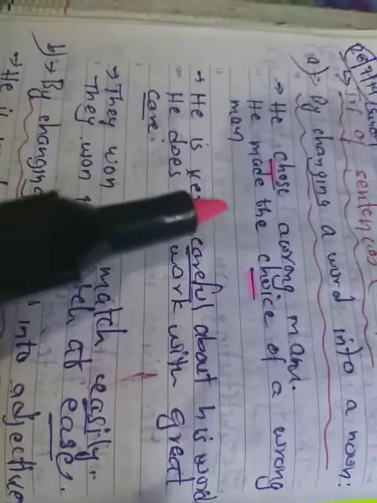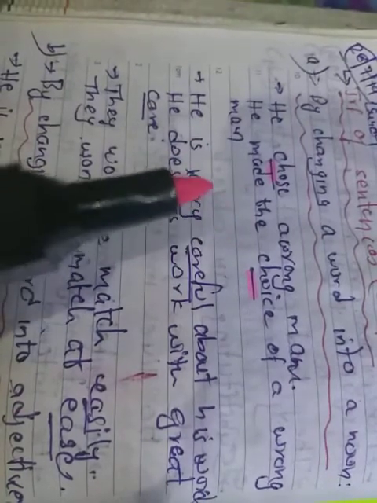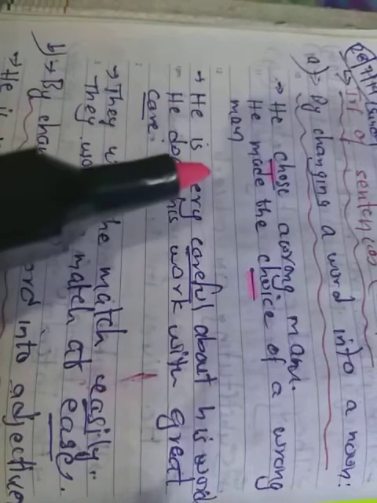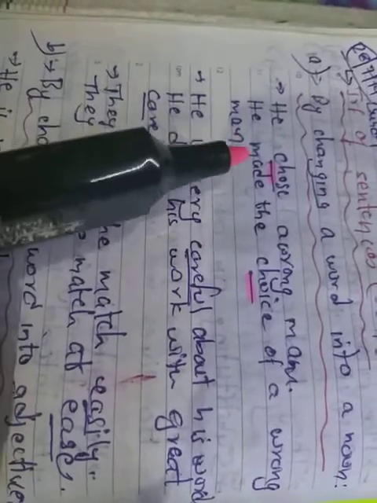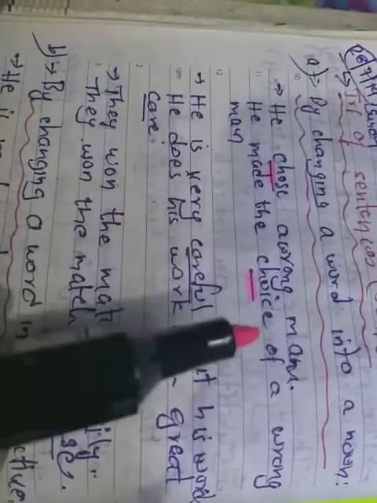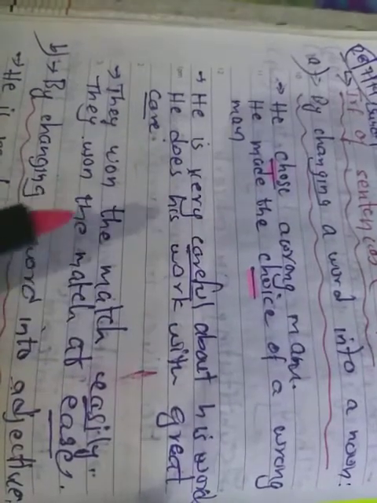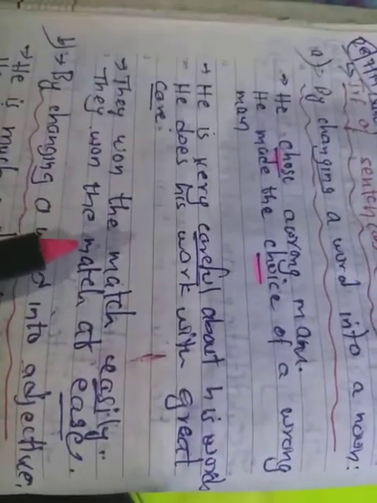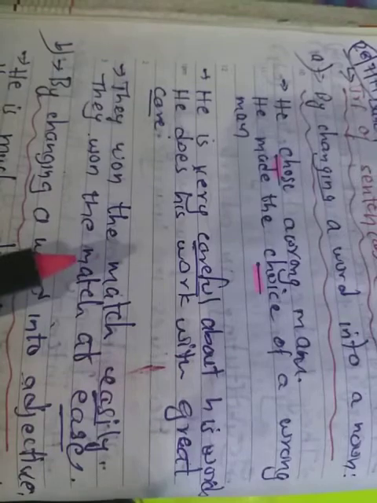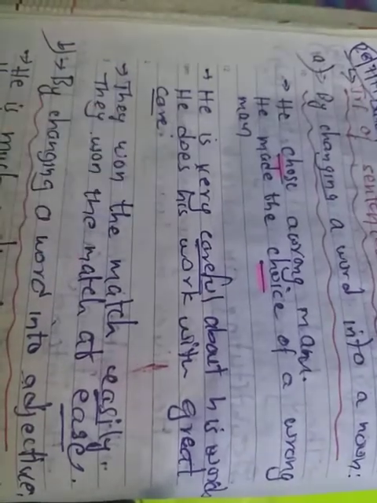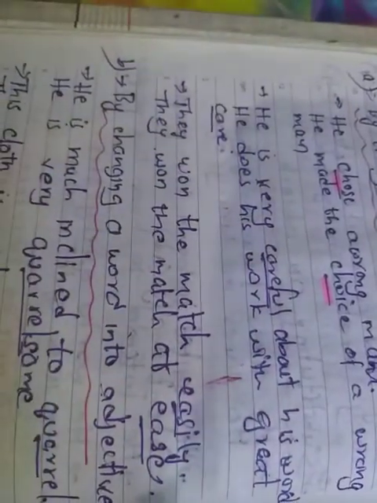That is the underlying rule for transformation. That should be very clear. That is why the required changes have to be made in the sentences according to the question. Got a little bit? We'll go to the second one.